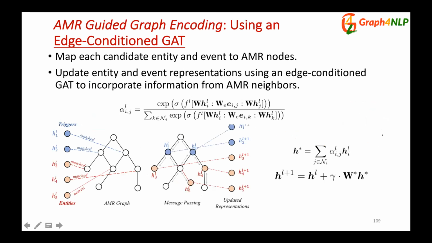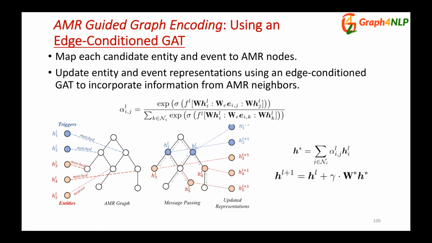So the basic framework follows the graph attention network that we have already seen in the previous sessions. Especially the edge conditional graph attention network will fit this problem really well, because our input AMR graph is a heterogeneous network. What we are doing here is we first initialize the node embedding with their regular word embedding, and then we update every node representation using edge conditional GAT.